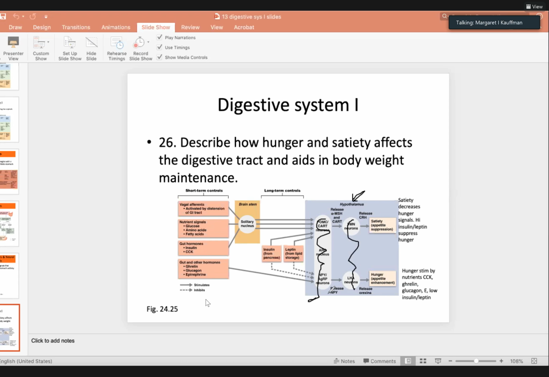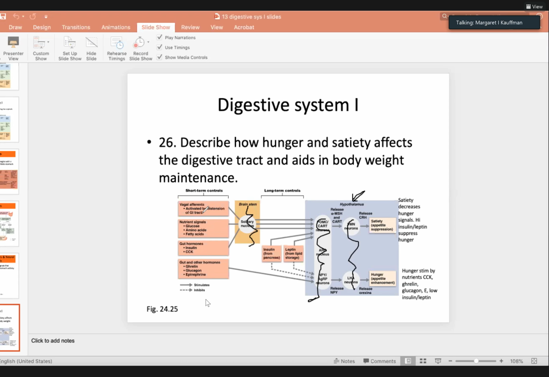There are different nuclei, but don't worry about who they are and how they talk to each other in these boxes. Just know that there are different nuclei in the hypothalamus. Yes, the brainstem is involved, but I never ask about that. So I'm trying to simplify this a whole lot.